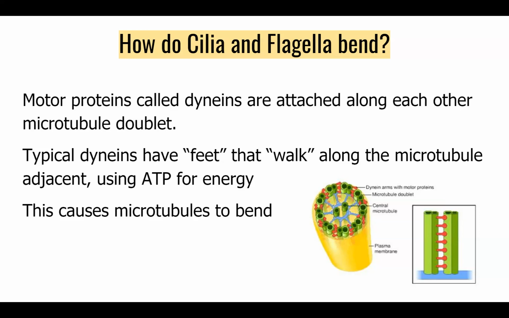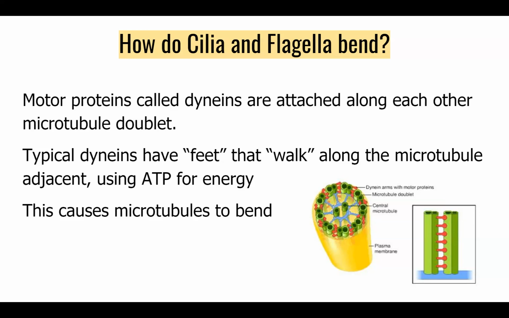Every time one of these little feet takes a step, they're going to use a molecule of ATP for energy. So anytime one of these cilia or flagella move, we are using a lot of energy, a lot of ATP, in order to get that cell going, in order to start this movement. So every little step that these dyneins take will move these microtubules.